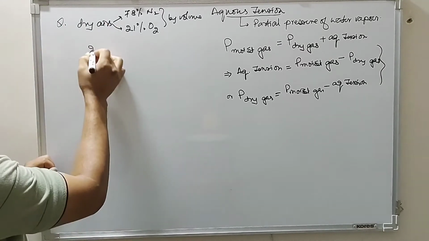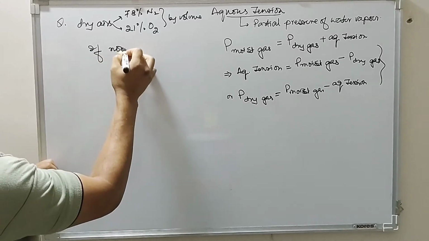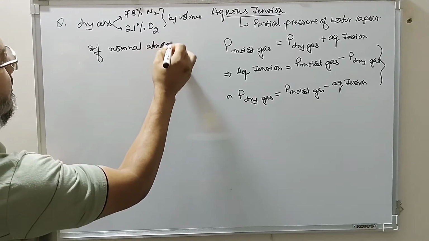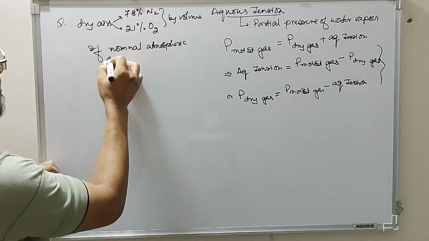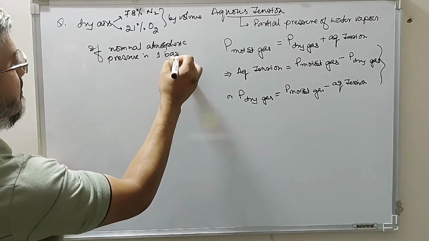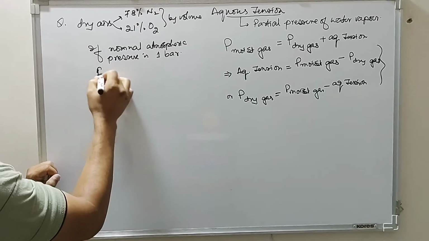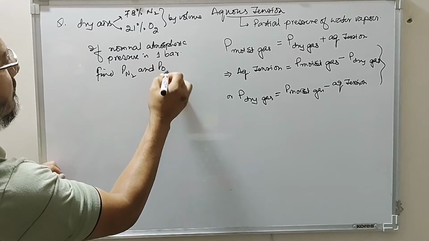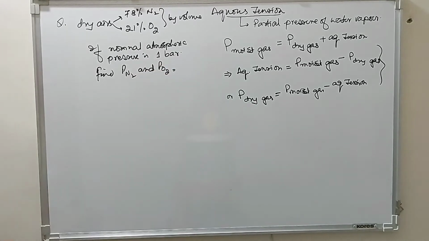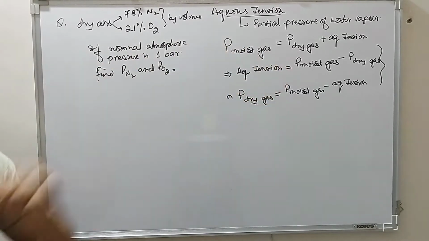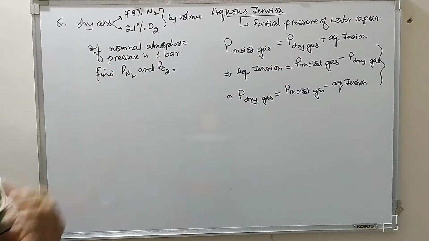Now, if normal atmospheric pressure is 1 bar, then find the partial pressure of nitrogen and the partial pressure of oxygen gas. While discussing Dalton's law of partial pressure, we defined partial pressure as mole fraction into total pressure.